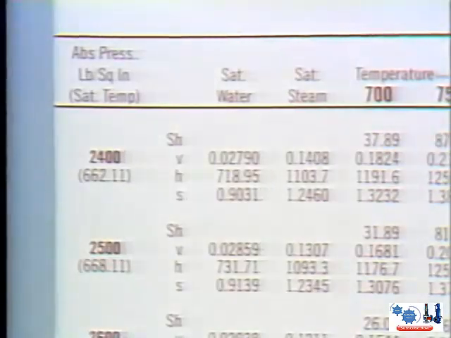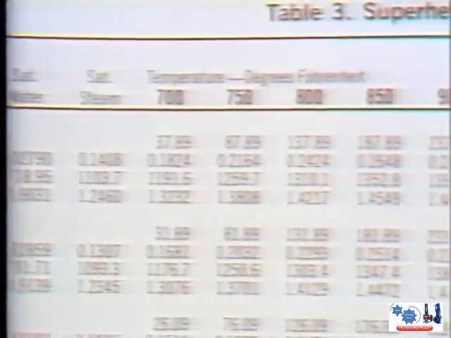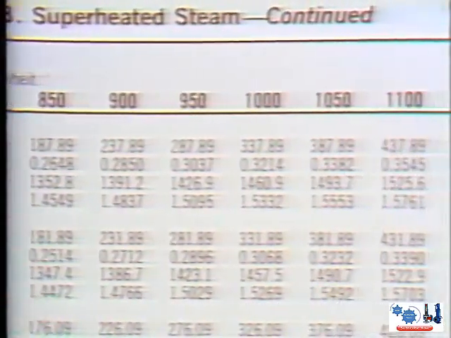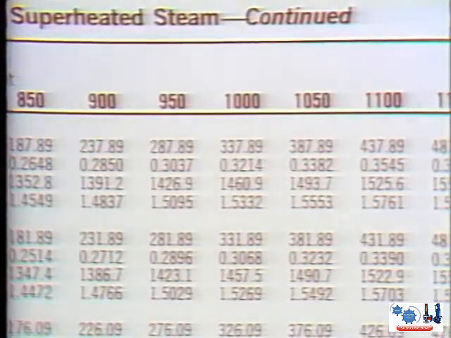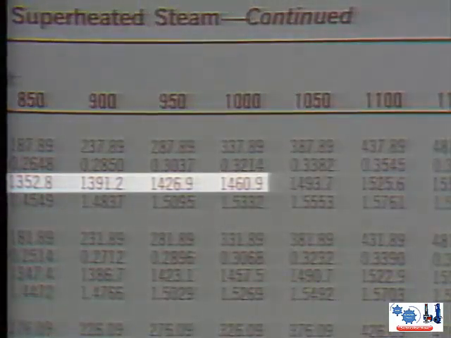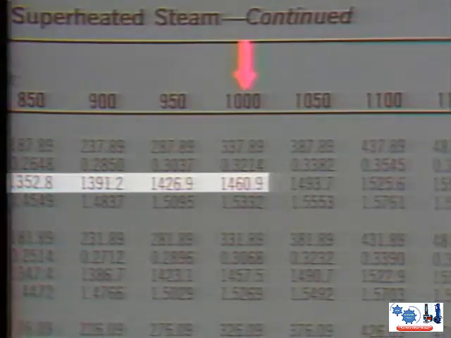So we'll have to do some calculating. The first thing we need to find is the values for enthalpy at 1,000 degrees at 2,400 psia and 2,500 psia. We look across the line marked enthalpy at 2,400 psia and under the column headed 1,000 degrees.